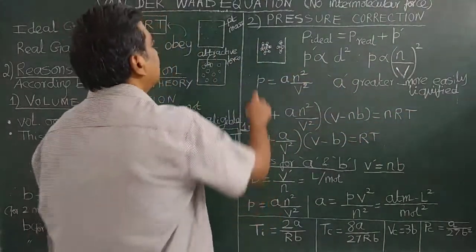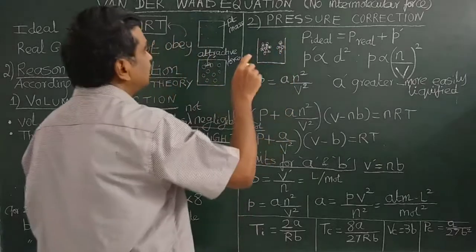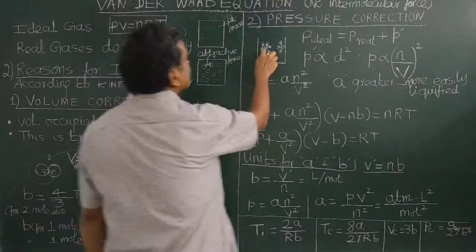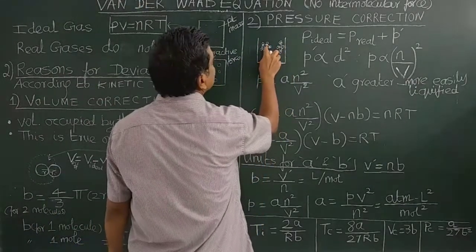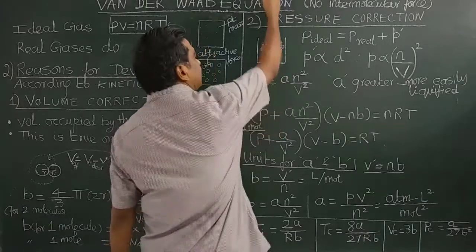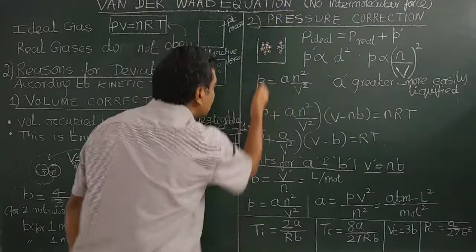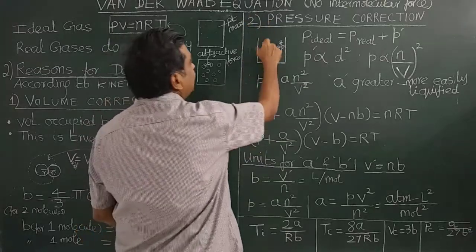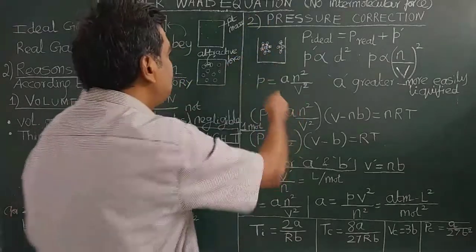If you look at the gaseous vessel, the molecule at the center experiences an attractive force, and experiences an attractive force in the opposite direction, so there will be zero net force.